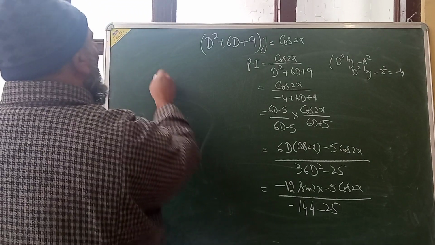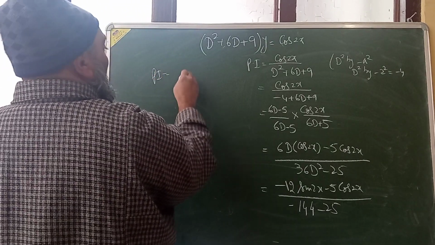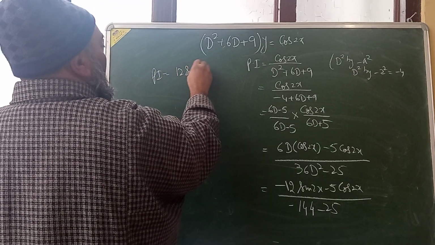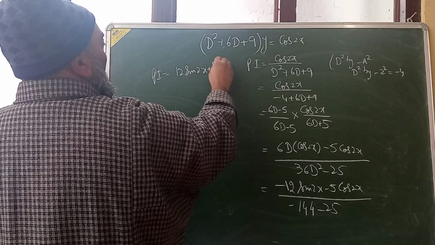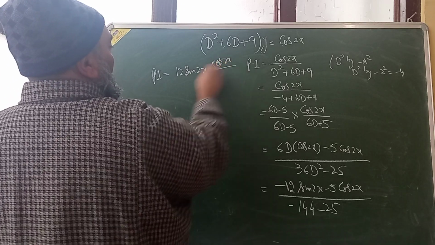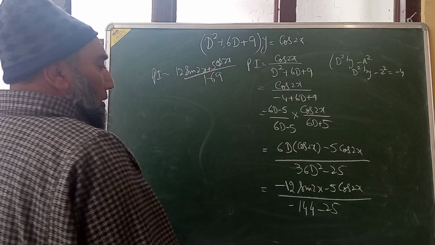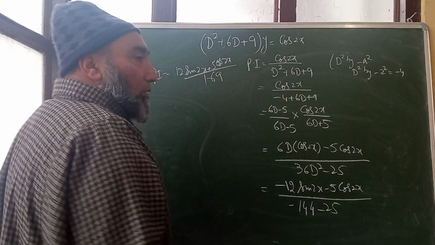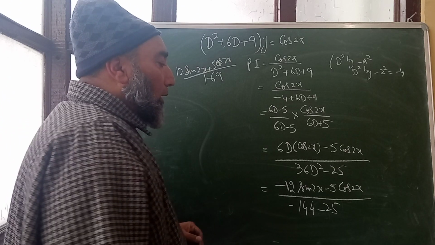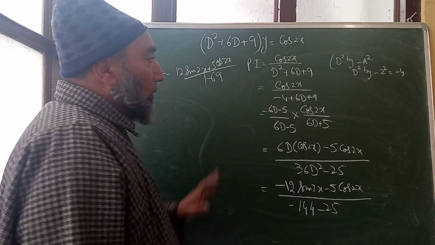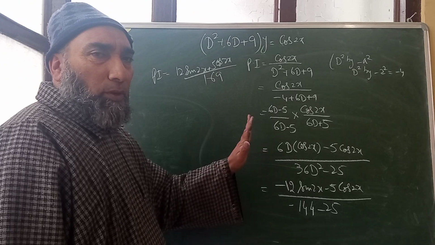So the particular integral is 12 sine 2x plus 5 cos 2x upon 169. Minus will cancel out, minus in the numerator as well as in the denominator. Got it? This is quite simple.